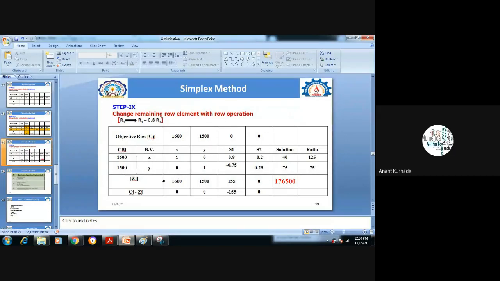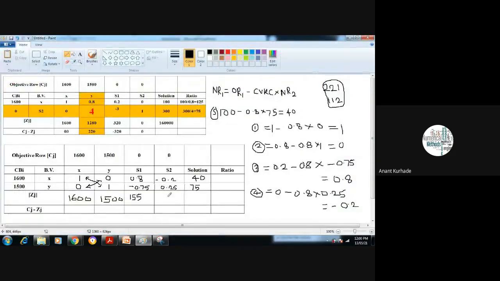Tell me that value. I have written it wrong here. What is that value? 55. Okay, 55.